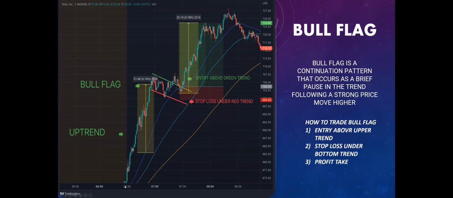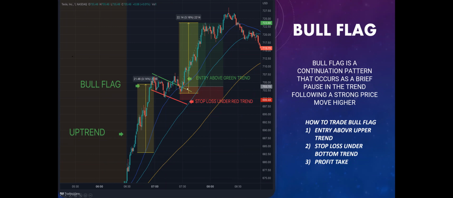Well, this example is unique because Tesla made a huge move, an unbelievable move. But usually the take profit is from where the movement started, the same, which in this example is 3.14%.